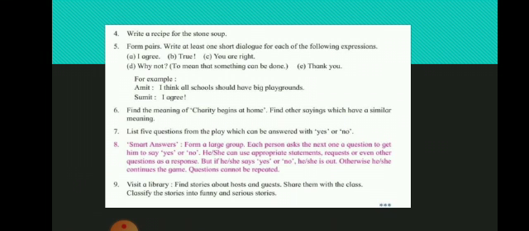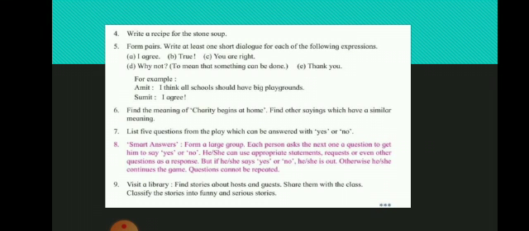For example, it is given regarding two friends talking, like Amit and Sumit. What Amit is saying: I think all schools should reopen now. So what is the question given? Form pairs, write at least one short dialogue for each of the following expressions. So go to the expressions, children.